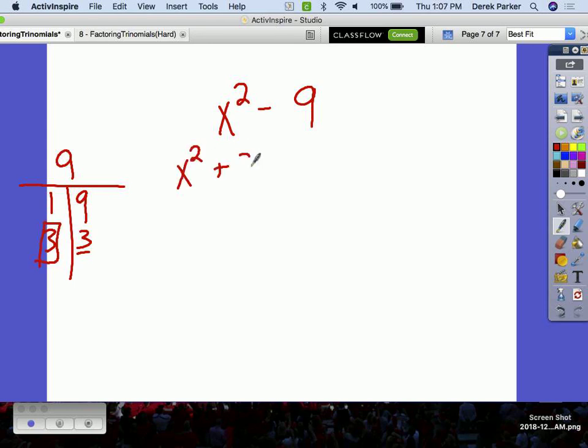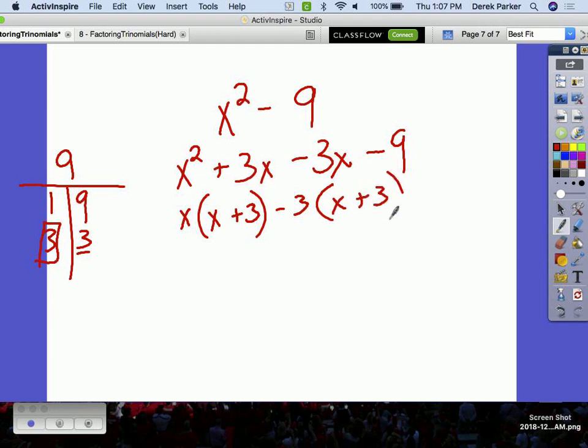X squared plus 3x minus 3x minus 9. And I get x minus 3 times x plus 3. Now, when these terms are opposites, if they are ever the opposite, that means you will not have a B value.